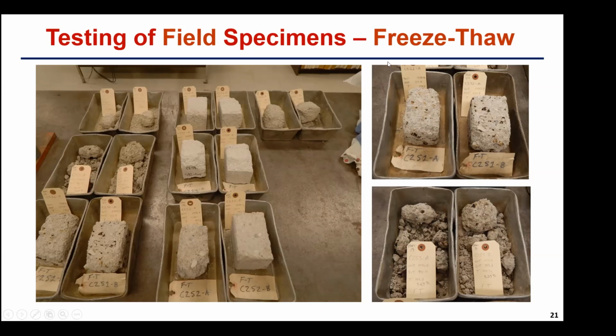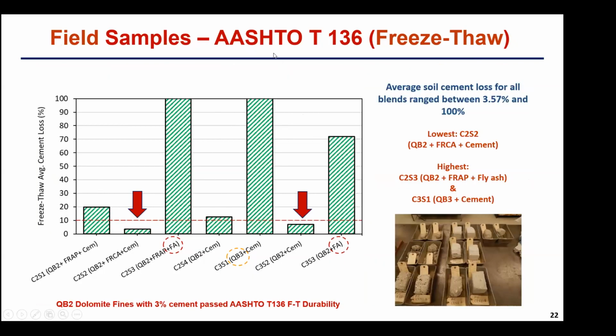And as I mentioned earlier, this freeze-thaw test is usually much more harsh than the wet-dry test. What was interesting again here in the lab samples is that if we look at the fly ash samples, it's expected that we go to 70, 80%, or 100% total disintegration at the 12 cycles. And the reason is because if they had 18 to 20% in wet-dry, then those numbers would be much, much higher in freeze-thaw.